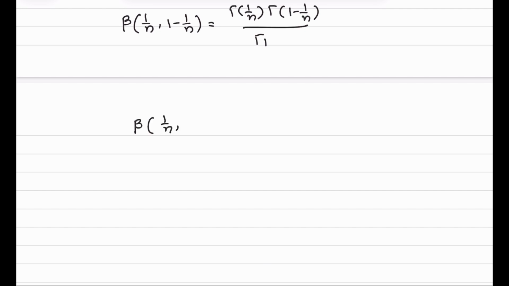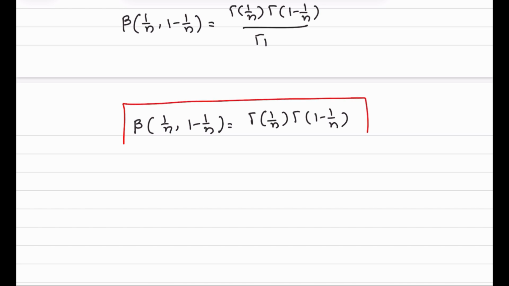Beta of 1 by n, 1 minus 1 by n is equal to gamma 1 by n into gamma 1 minus 1 by n. This is a very important derivation, very useful for engineering and calculus.